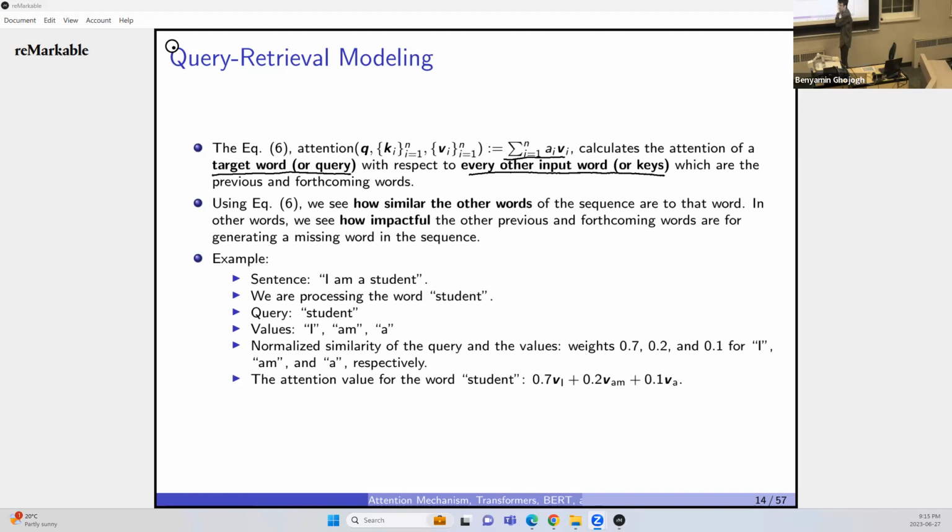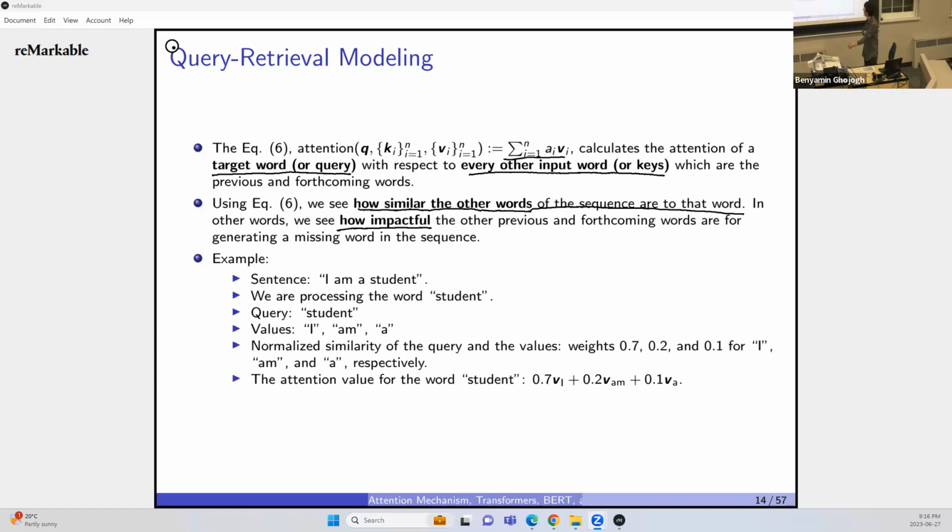So every word that I'm processing, I can see it as a query, and every other word as a key. Okay? So you see how similar this specific word is to other words, how much attention we have between them. In other words, we see how impactful other words are for this word.